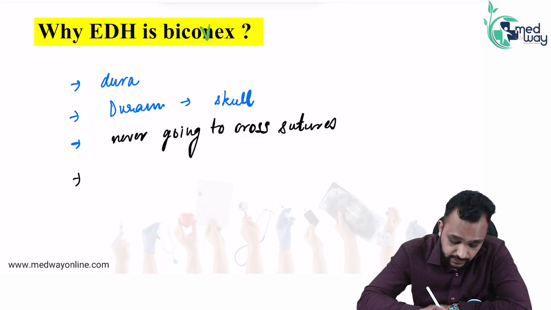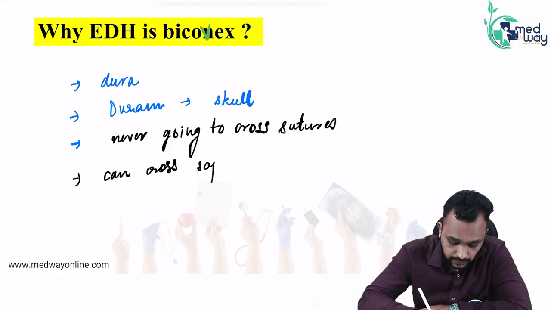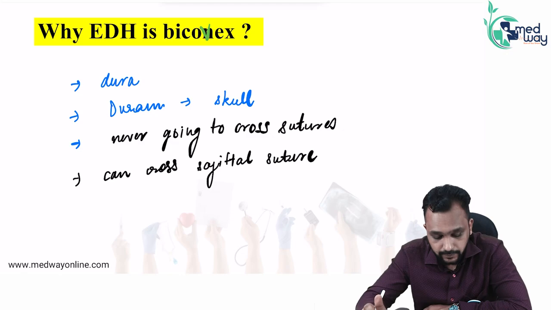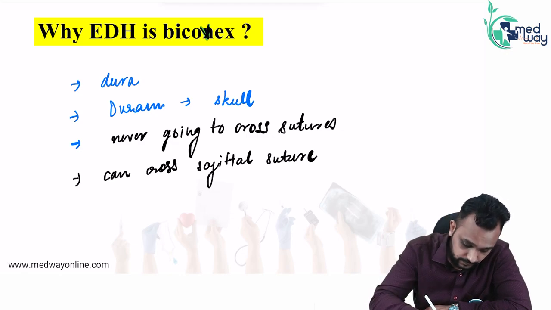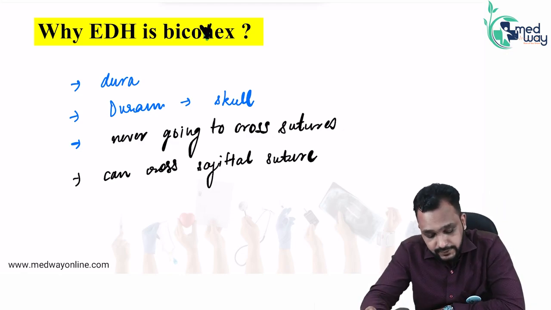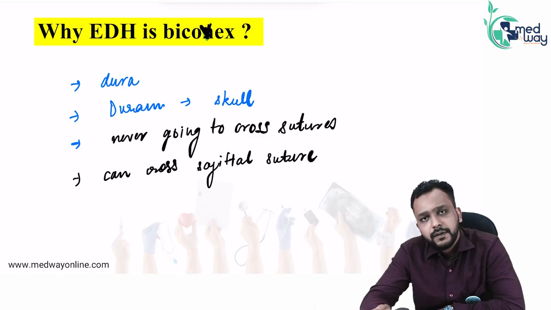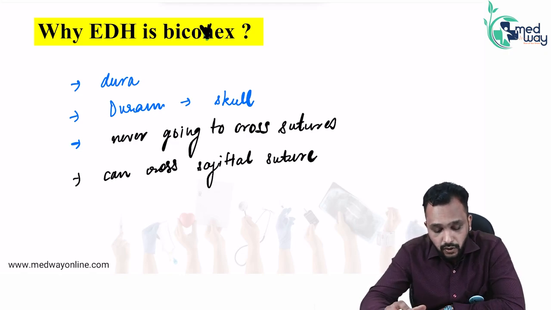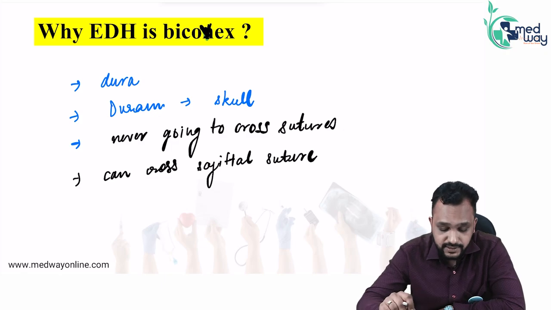But it can cross the sagittal suture. So this is one point we need to remember, right? So these are all important points related to extradural hemorrhage.